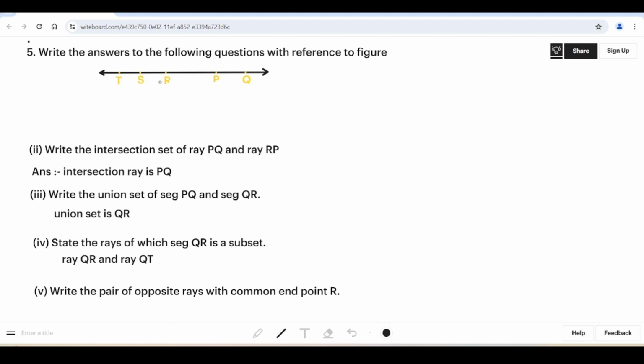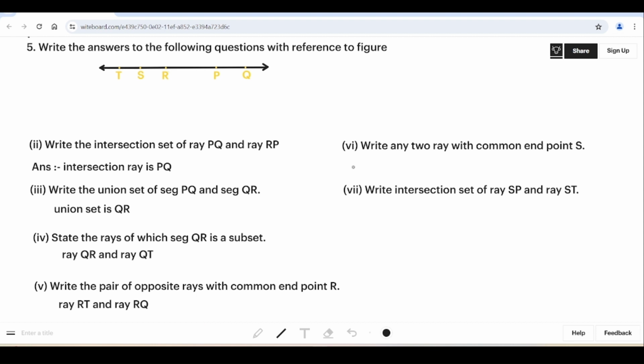And obviously they are on the same straight line, making a 180-degree angle over here, so they are opposite rays. So the pair of opposite rays is ray RT and ray RQ. Okay. These are the pair of opposite rays with a common endpoint R.